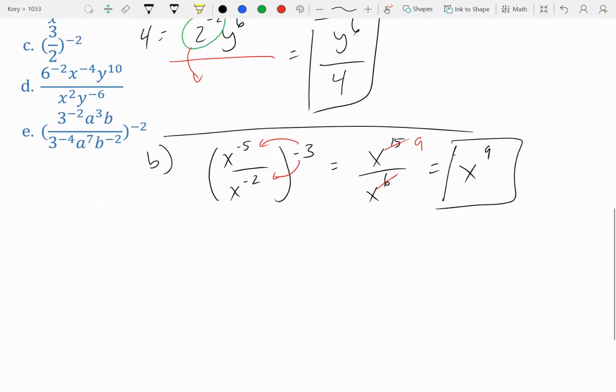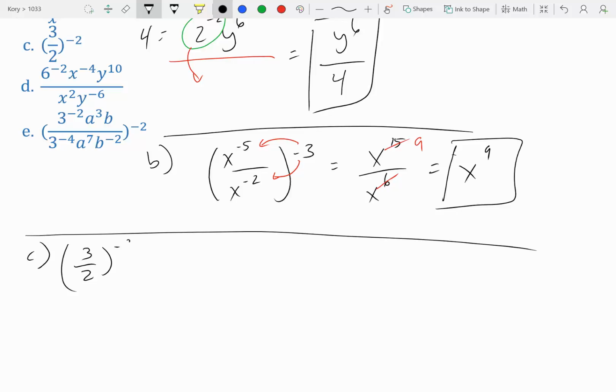Alright, part C. So we have 3 over 2, all to the power of negative 2. Just like before, we need to distribute the negative exponent and the exponents before we flip anything. So this goes to top and bottom. Now we have 3 to the power of negative 2 over 2 to the power of negative 2.